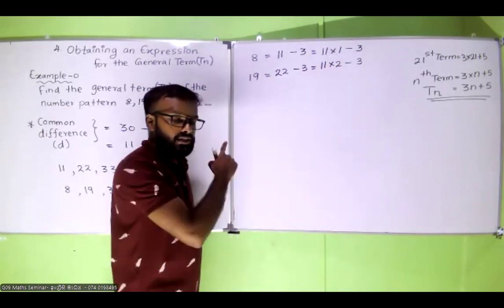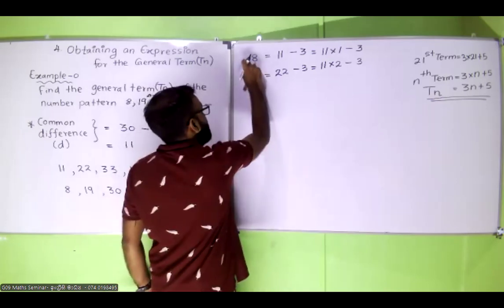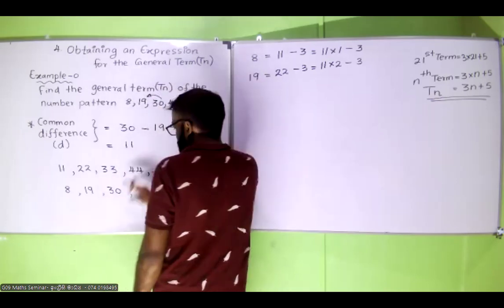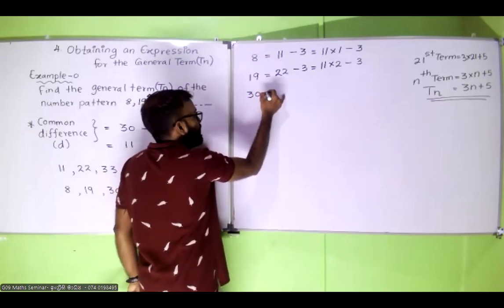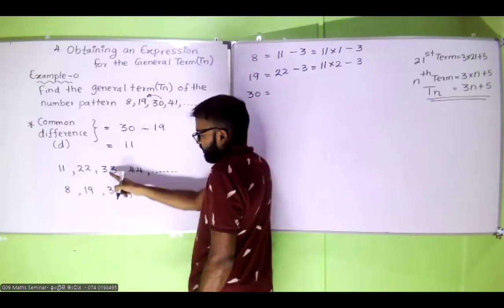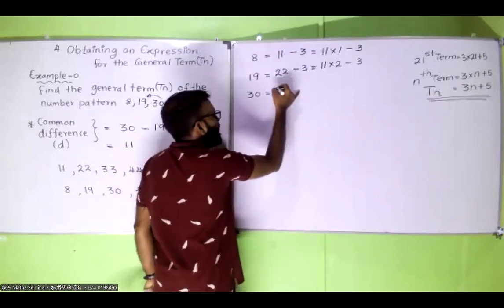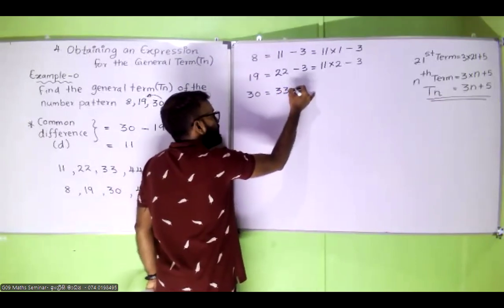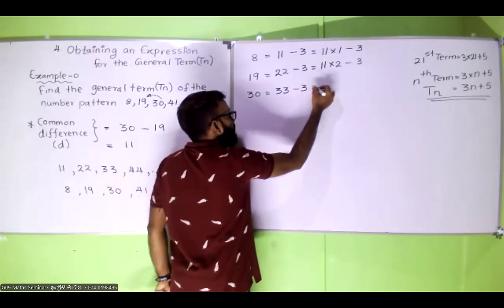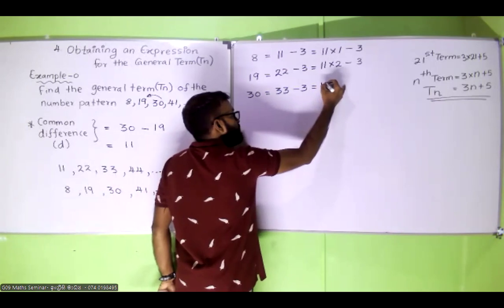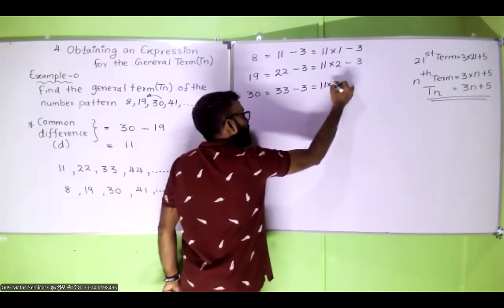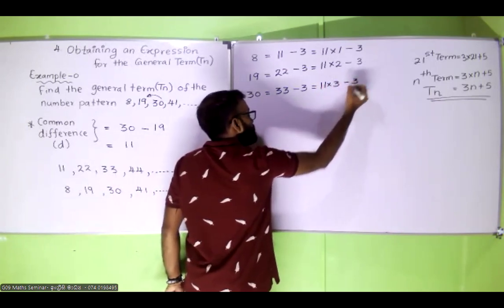Now can you understand the pattern? The next term is 30. How can you obtain 30? By using the corresponding term 33, 33 minus 3. So how can you write this 33 by using multiples of 11? 11 times 3 minus 3.